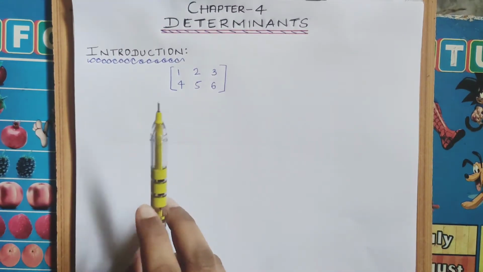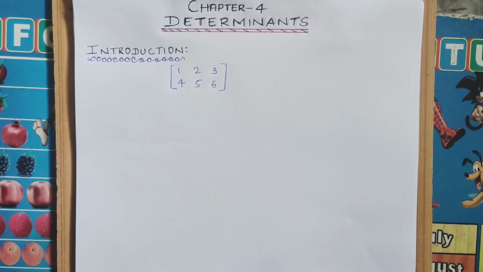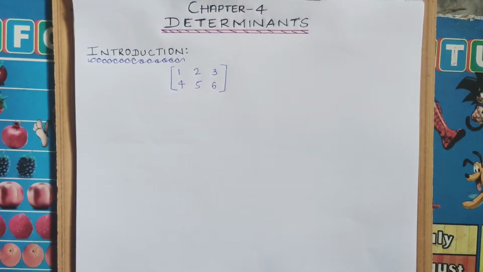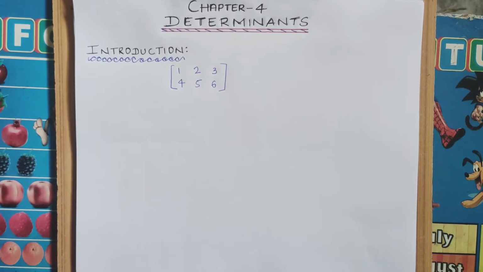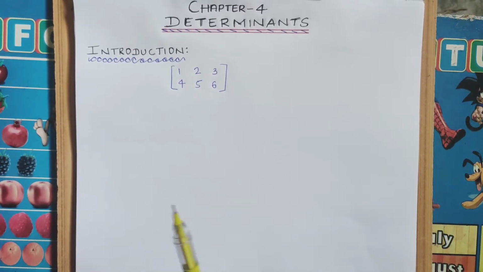We denote it in such a way, in a rectangle with your elements. With matrices, if you take one more matrix, you can add, you can subtract, you can find the product. This was your matrices, finding different values when you add and so on.